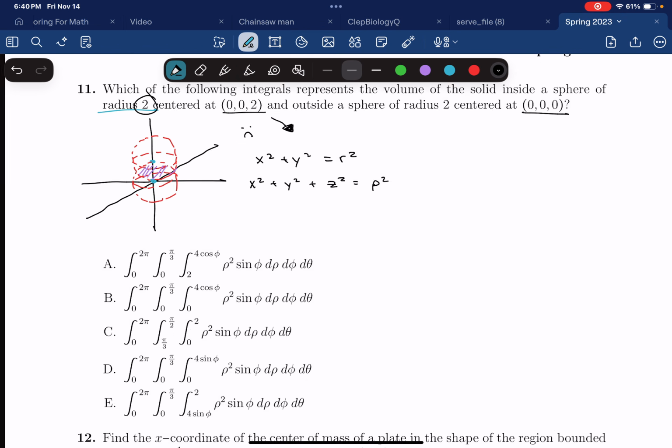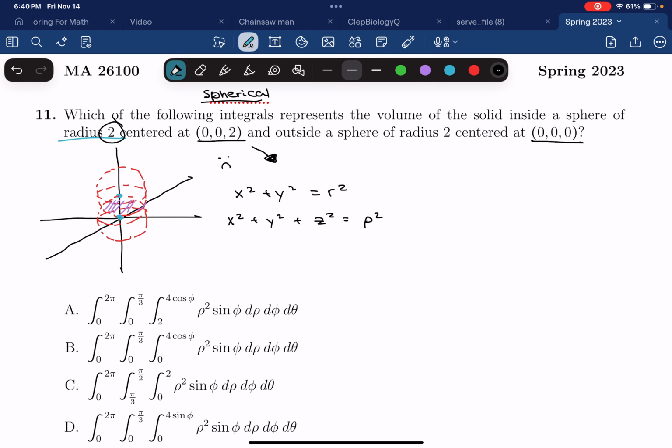So if we set it like this, it will become x squared plus y squared plus z minus 2, all squared, which in this case is equal to 2 squared, which will be equal to 4. So that's our first equation.